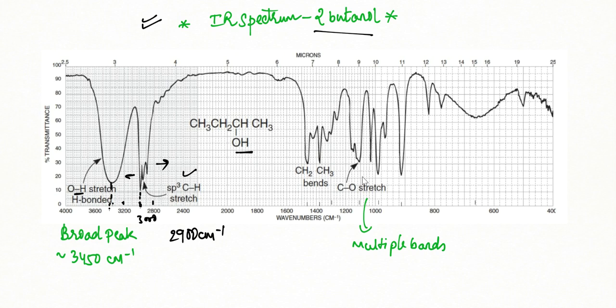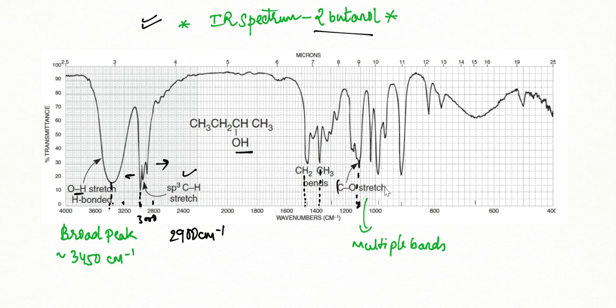What else do we see? Now we are going to jump into the fingerprint region, and definitely we are going to observe the bending vibrations. CH2 bending at 1475, or let's say 1500. CH3 bending is going to be around 1350. Also we can see one more very important band in this region around 1100-1150.